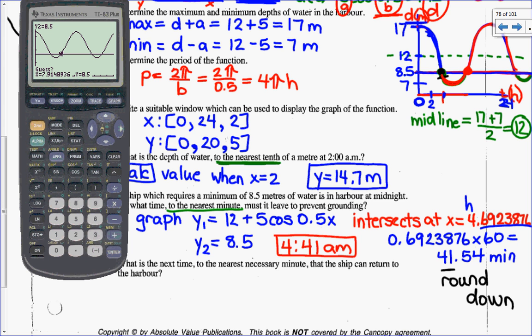when y is 8.5, your x is 7.9148936. So it intersects at 7.9148936.